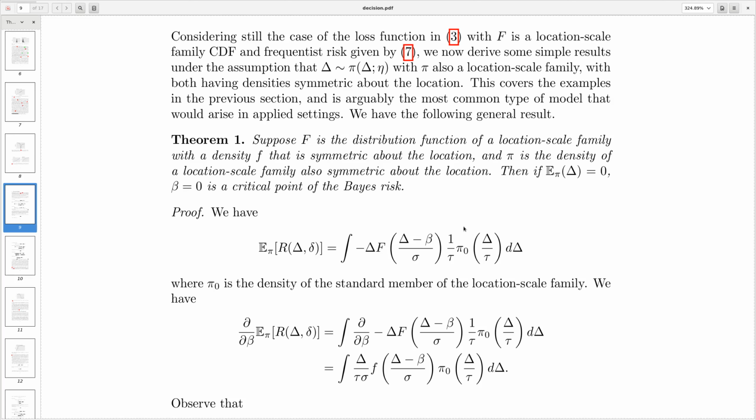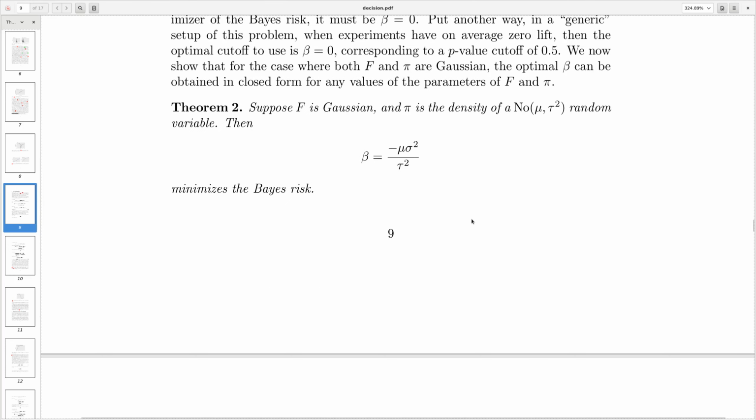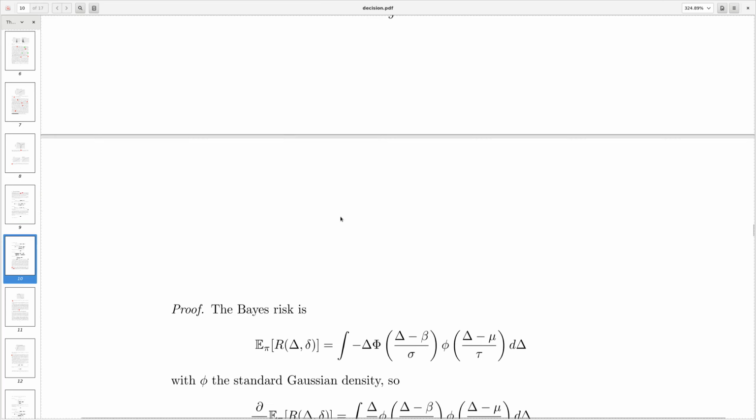Then if the expectation under P of delta equals 0, beta 0 is a critical point of the bias risk. I'm going to skip this one. Theorem 2: suppose F is Gaussian and P is the density of a normal distribution; then it minimizes the risk.